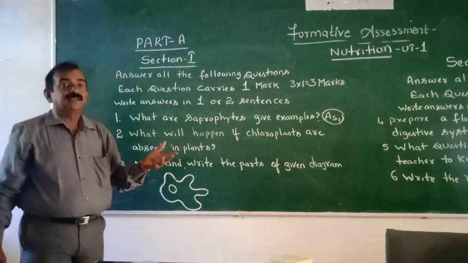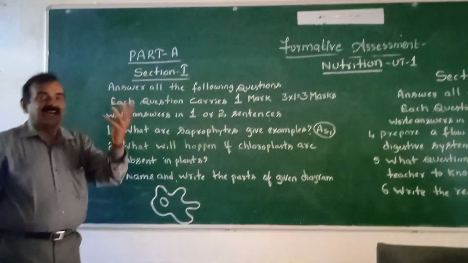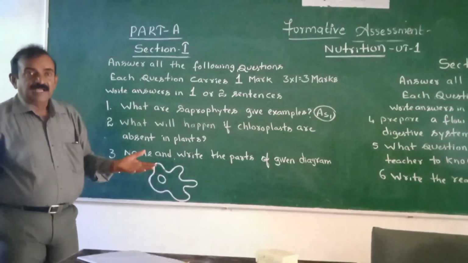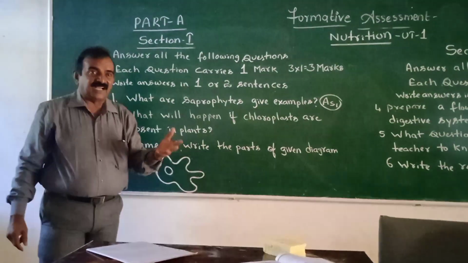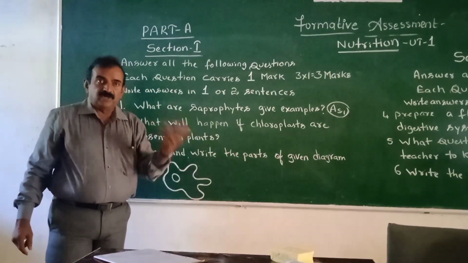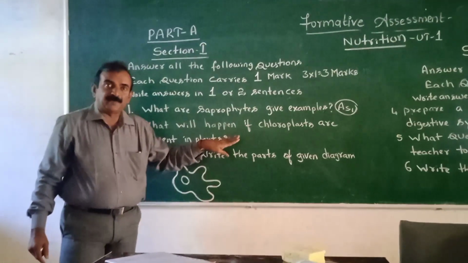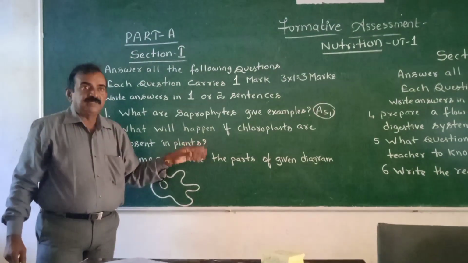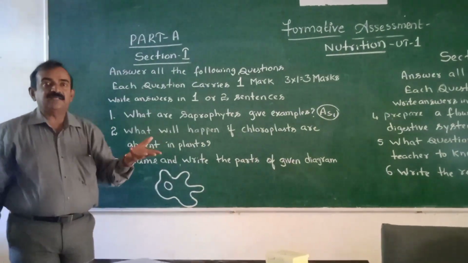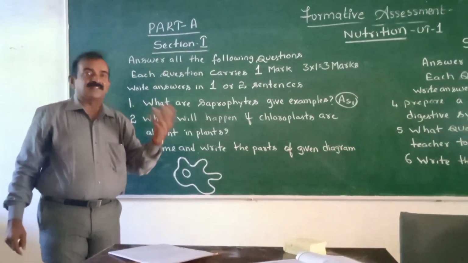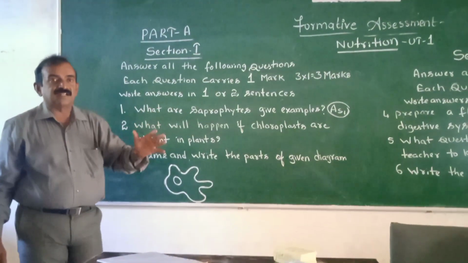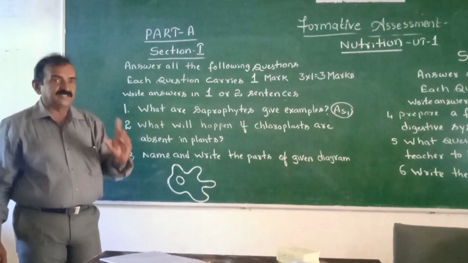They are not preparing food, and all animals die because of food scarcity. Chloroplasts are necessary for the preparation of food. If they are absent, plants do not prepare food, and finally plants die, and all other organisms also die. So that answer you will try.